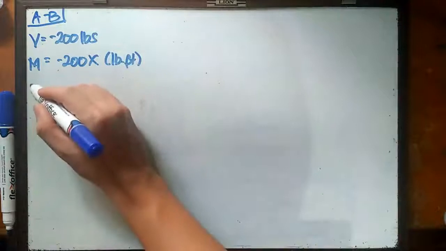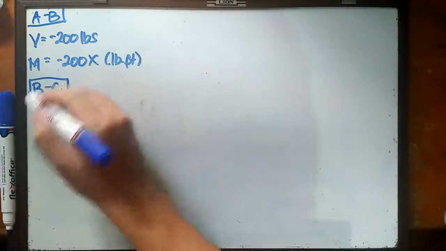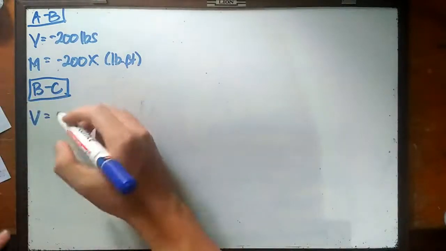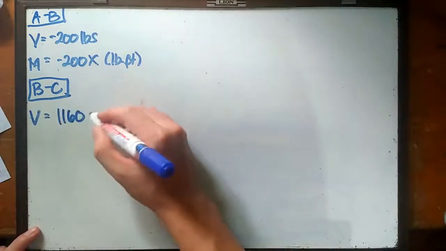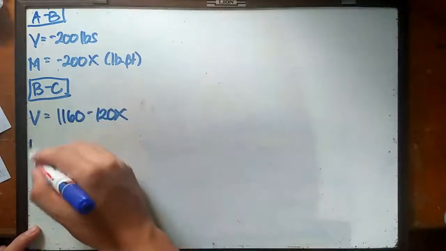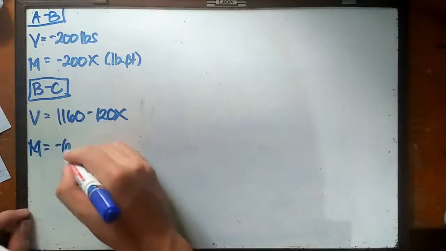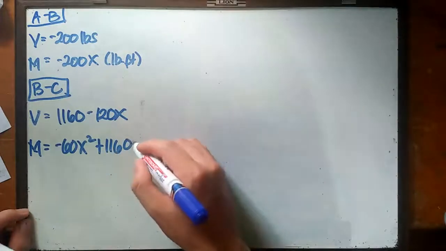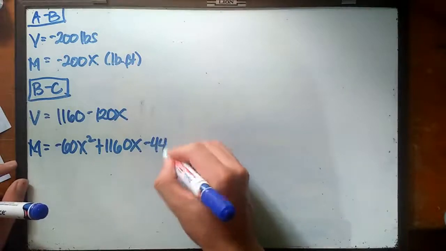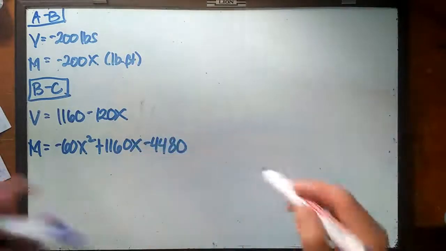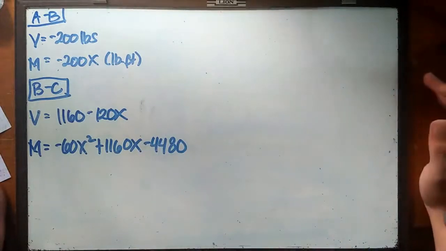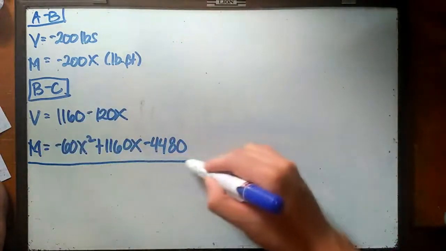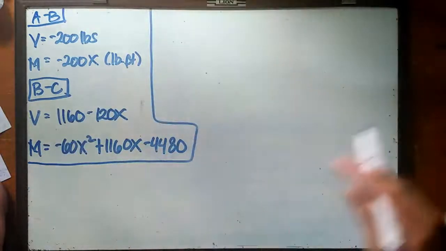And for segment B-C, the shear formula was V is equal to 1160 minus 120x, and for the bending moment, that was negative 60x squared plus 1160x minus 4480. These are the shear and bending formulas for segment A to B and then B to C. The next step is to use approximation.